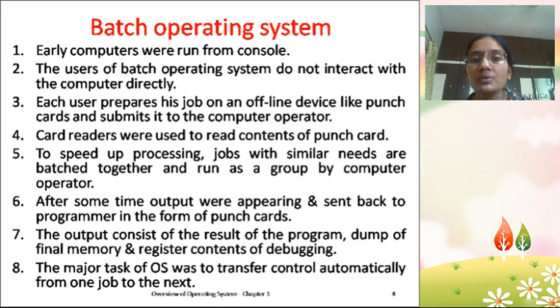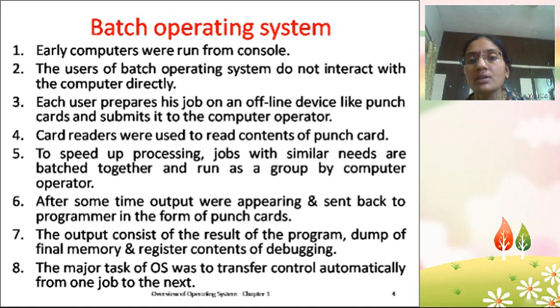To speed up the processing, jobs with similar needs are batched together and run as a group by the computer operator. So, before this, what happened? The computer operator would execute the jobs in the sequence in which they came to him. That is, there would be different types of jobs with different needs.